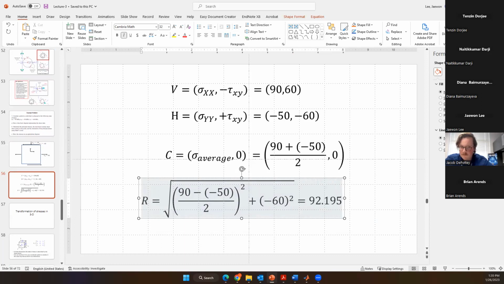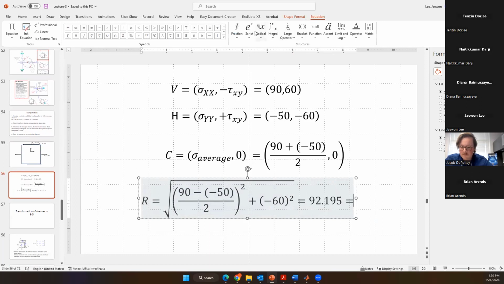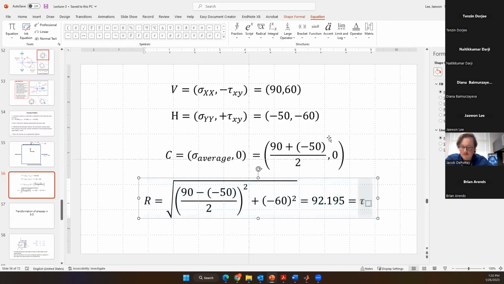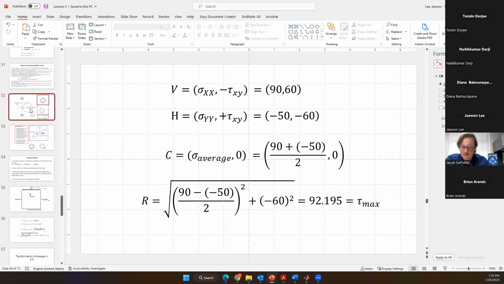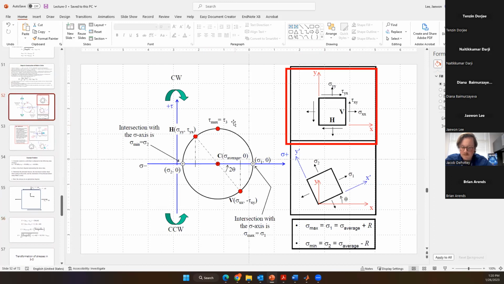Great, I trust you very much. It is the same because you can see the distance is equal to the radius of the Mohr circle.